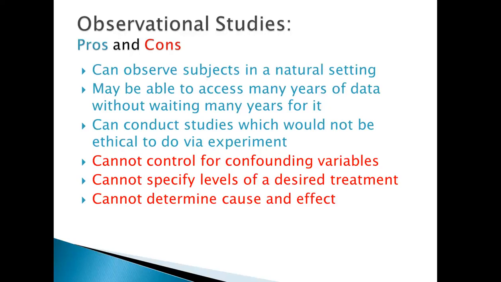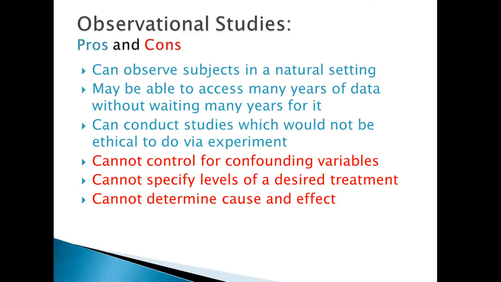Pros: natural setting, you can get many years of data without waiting many years for it, if you're doing a retrospective study, and you can conduct studies which would not be ethical to do by experiment. Cons: can't control for confounding variables. You can't specify levels of a desired treatment. So if you were interested in how alcohol affects grades, you couldn't have one group with no alcohol, one group with moderate alcohol, and one group with heavy alcohol, or at least it would be more difficult.